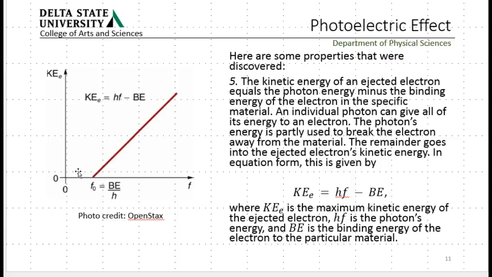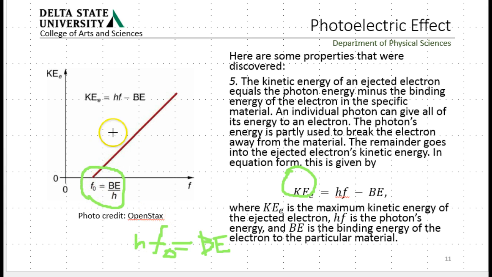The threshold frequency tells you what that binding energy is, because at that binding energy, the kinetic energy they have is 0. So hf at threshold is the binding energy.